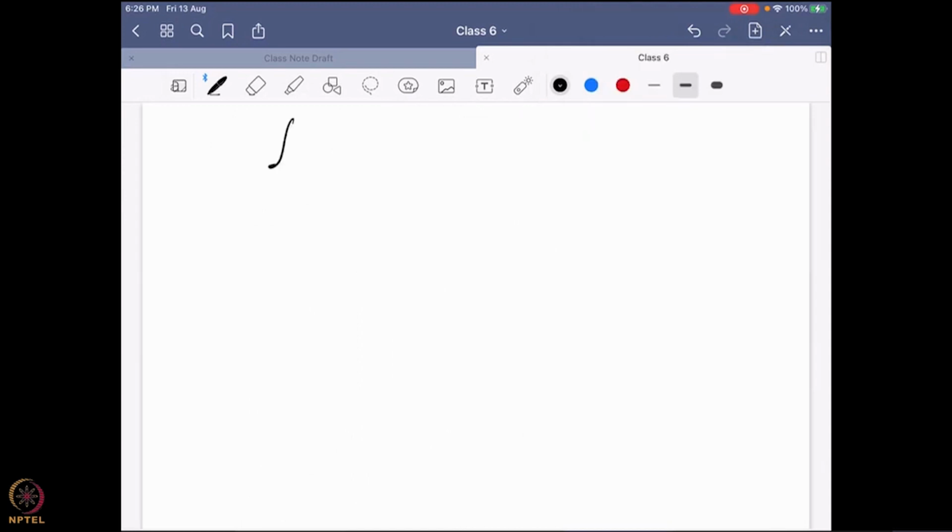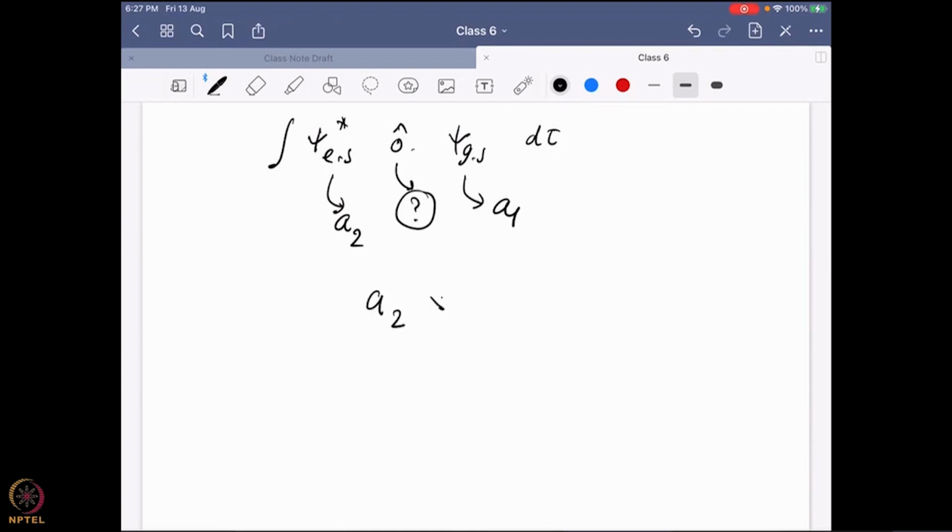I'm just going to give you an example of that. Say excited state, operator, ground state. Say my ground state is A1, my excited state is A2. This one I don't know, so A2 into unknown, say X, into A1. What I want is the totally symmetric representation, that means A1.